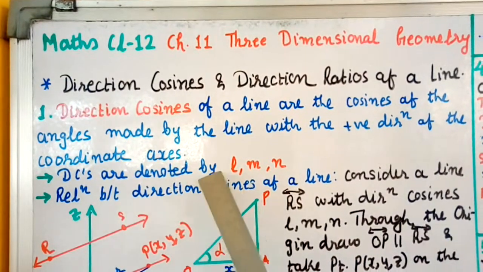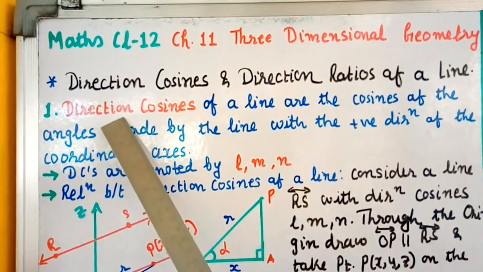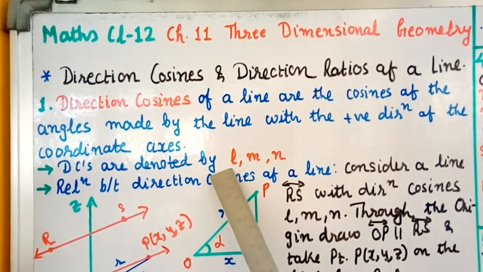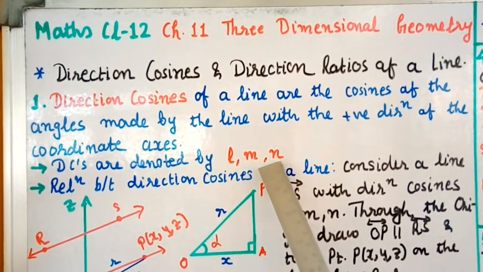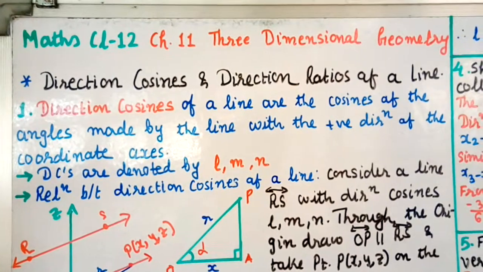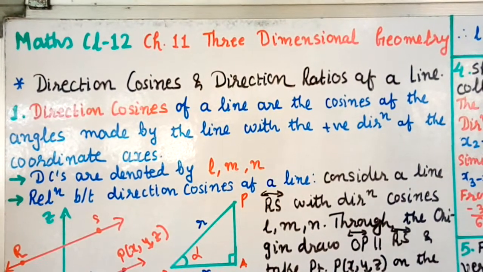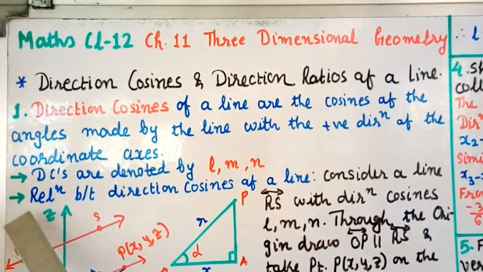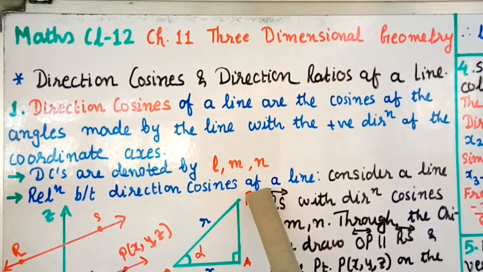DCs, meaning direction cosines, are denoted by l, m, n. That means l equals cos alpha, m equals cos beta and n equals cos gamma, where alpha, beta and gamma are the angles made by the line with the x, y and z axis in the positive direction.